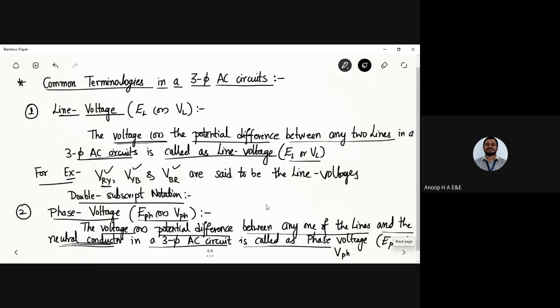So for example, VRN, VYN and VBN are said to be the phase voltages. These two are with respect to the voltage here, line voltage and the phase voltage.